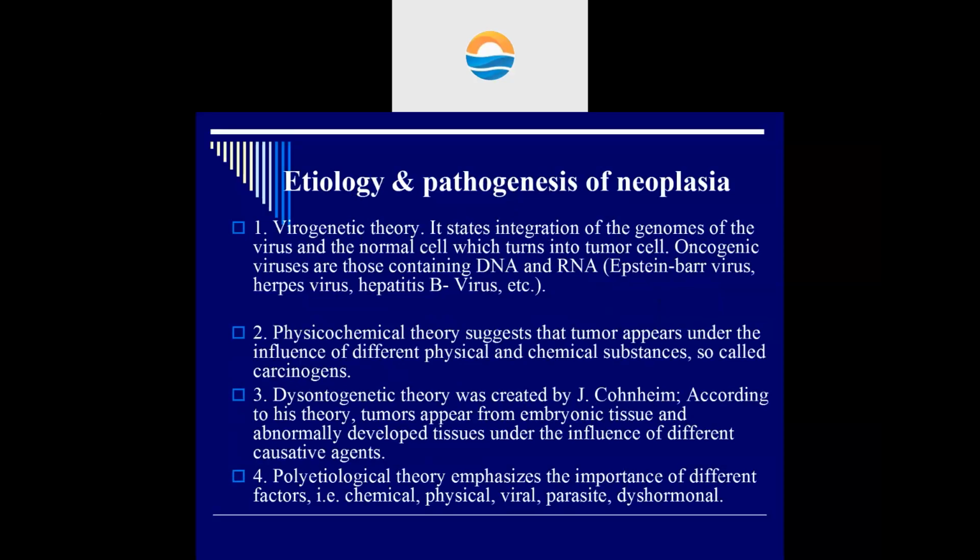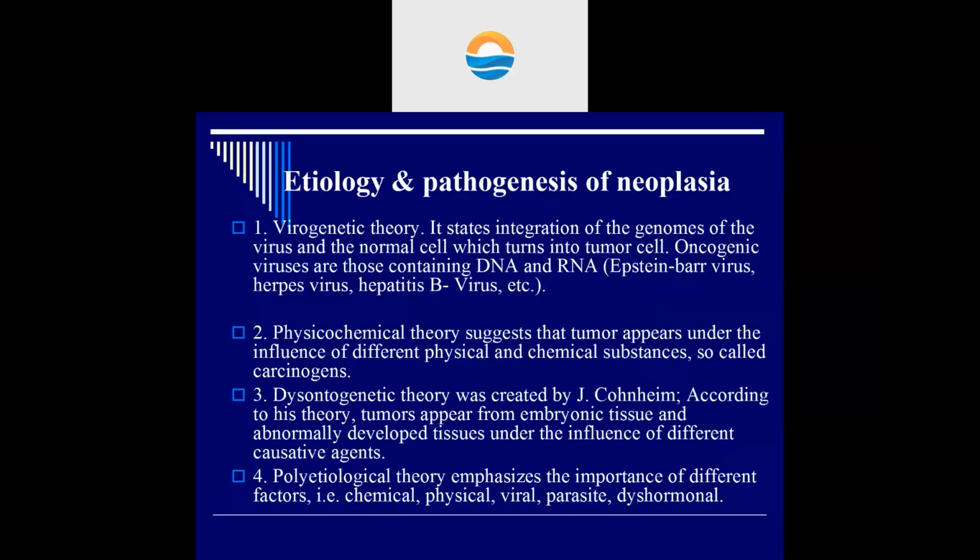They are different and they all can stimulate neoplasia. Physical and chemical factors describe physicochemical theory. It suggests that tumor appears under influence of different physical and chemical substances, so-called carcinogens.